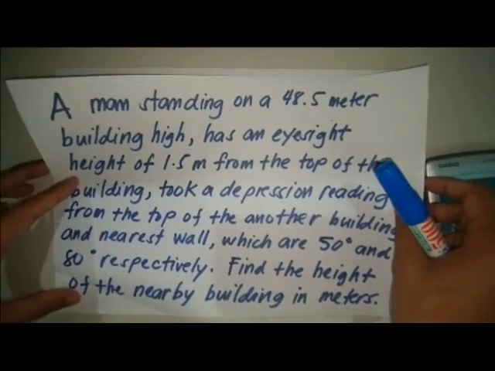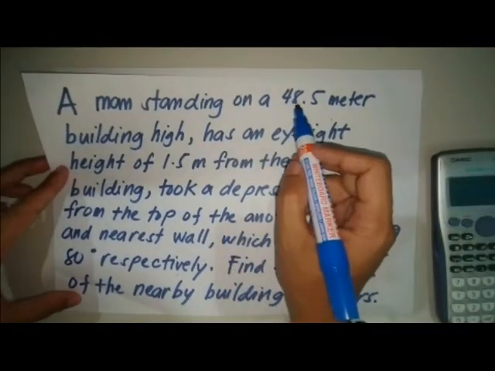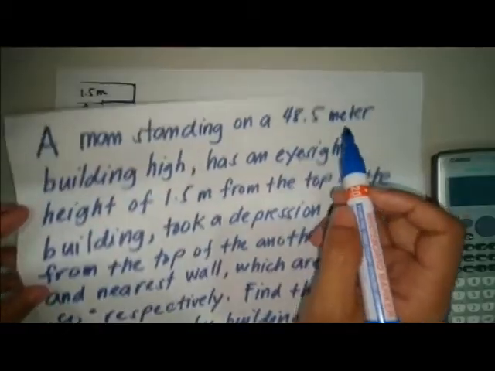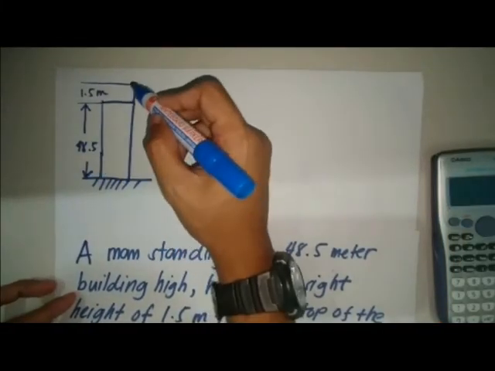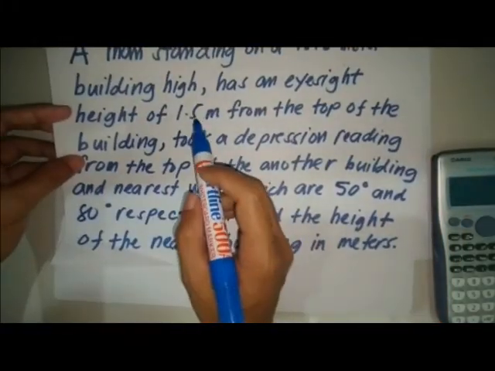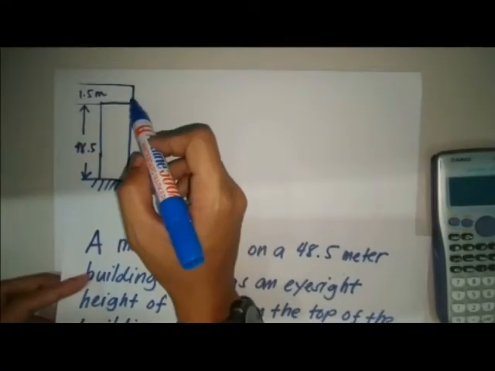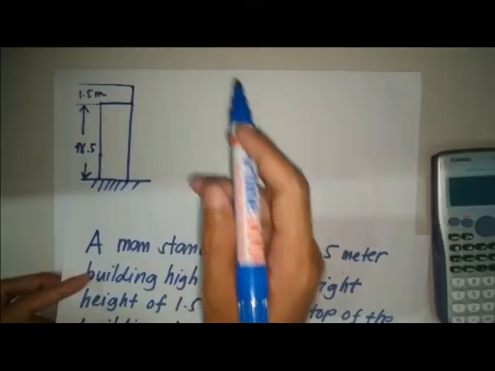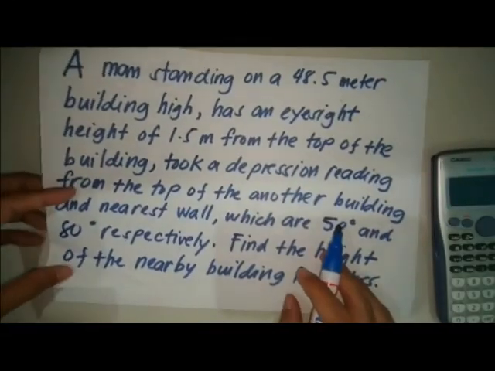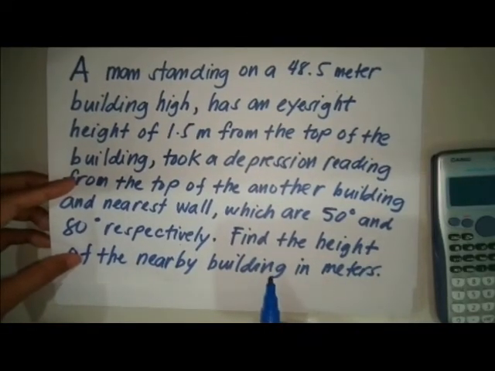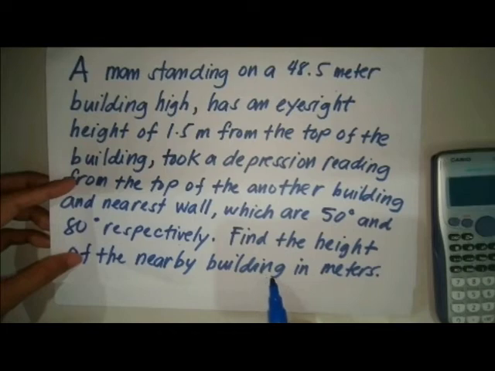So the height of the tower is 48.5 meters, and the line of sight is 1.5 meters from the top of the building, measured from the top. Then we are required to find the height of the nearby building in meters.